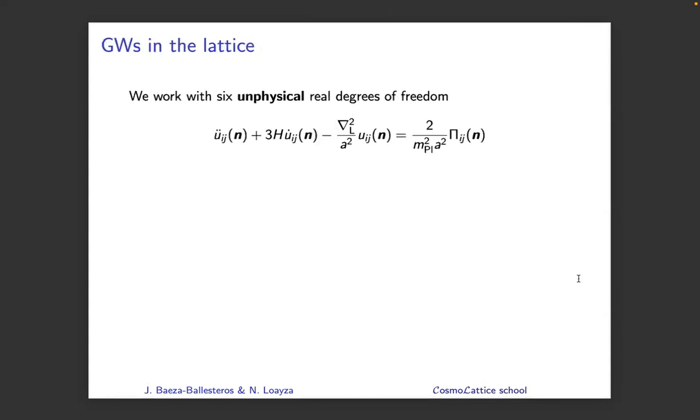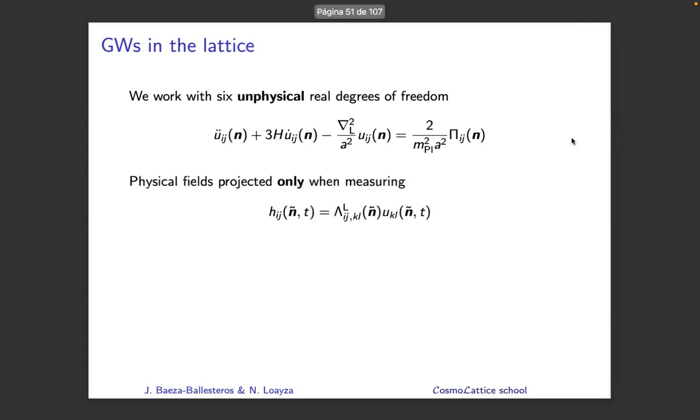So if I write down again the equation of the physical degrees of freedom in Fourier space, it will look like this. As you see, I am writing the source as the full anisotropic stress tensor, and whenever I need, I will project it by using the lattice projector.